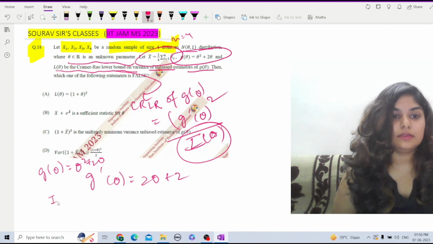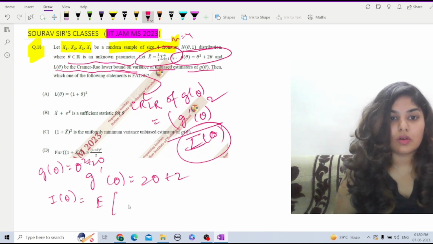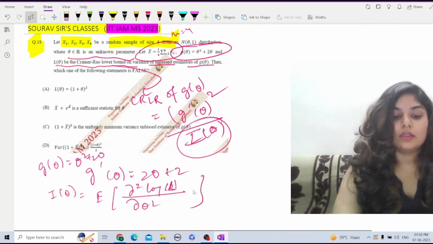Now I(theta) is equal to the expectation of the square of the derivative of log L with respect to theta.